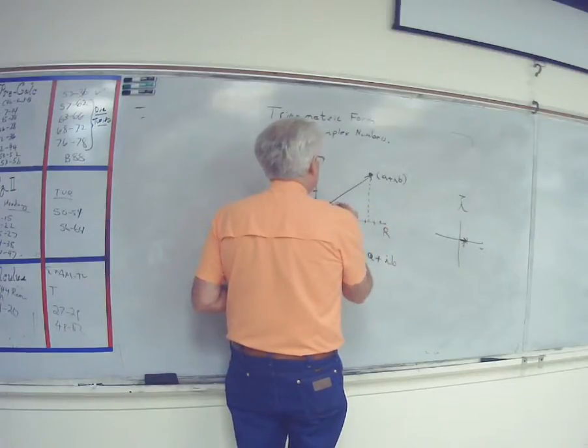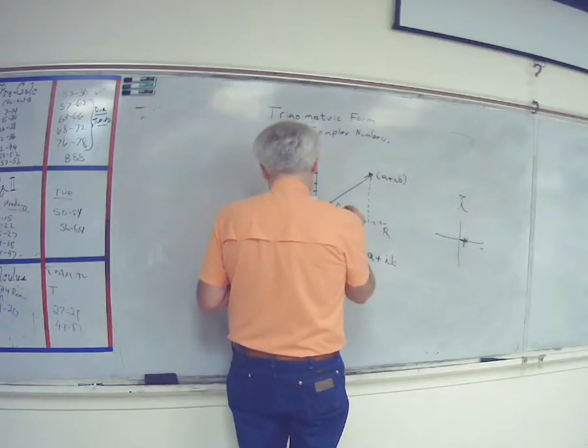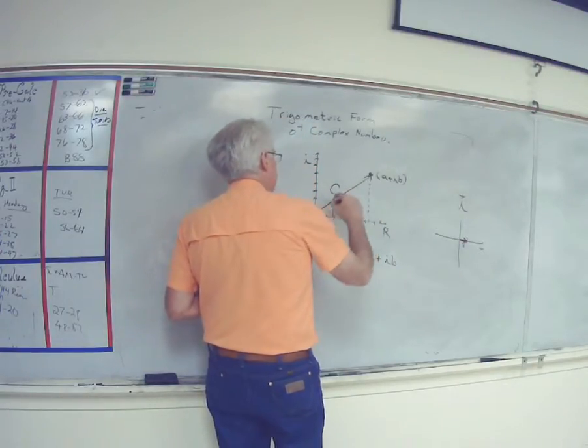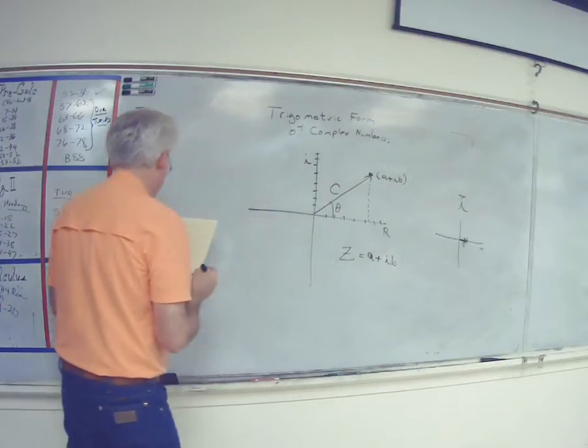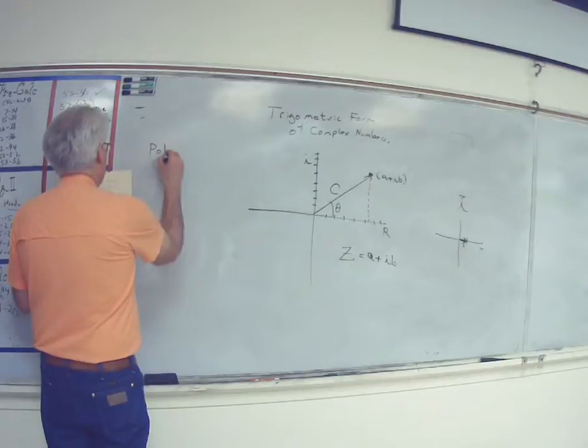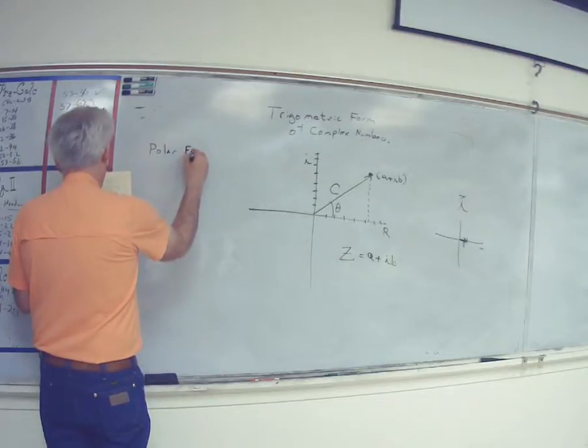Let's make a triangle, and let's call this angle theta, and this side C, at an angle of theta. So what we want to do is go to polar form.